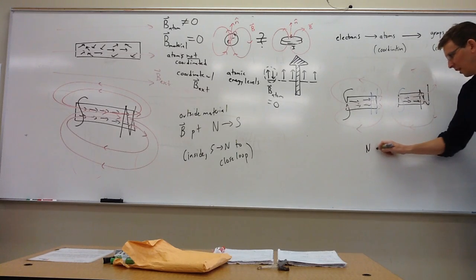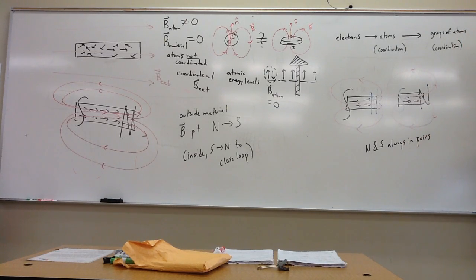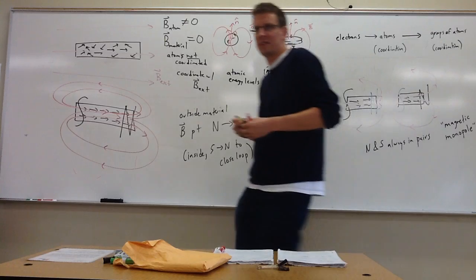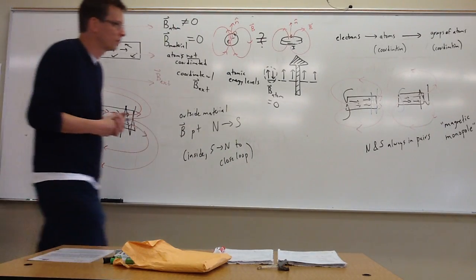So north and south are always in pairs. There is no such thing, in normal circumstances, as a magnetic monopole, which is a single magnetic pole all by itself. Mono, single. Okay?